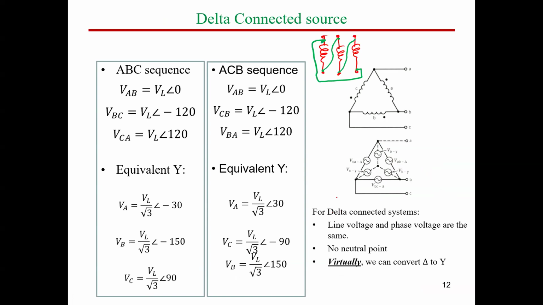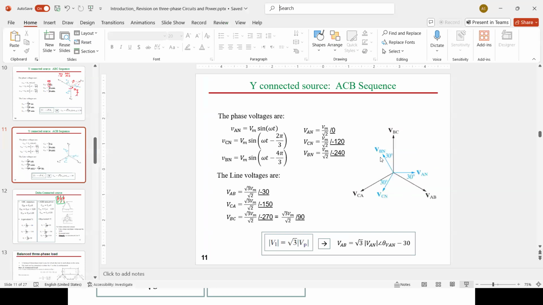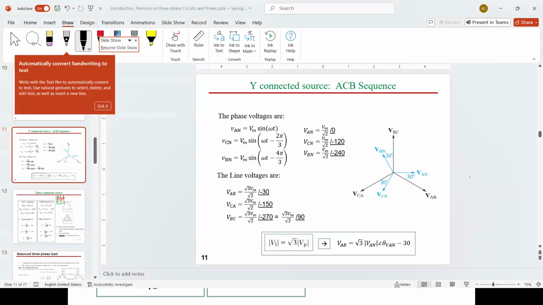As we mentioned, guys, delta connection means three windings will be connected as follows. If the upper terminals are the starting ends and the lower three terminals are the end terminals, every end will be connected to the next start, and the last end will be connected to the first start.